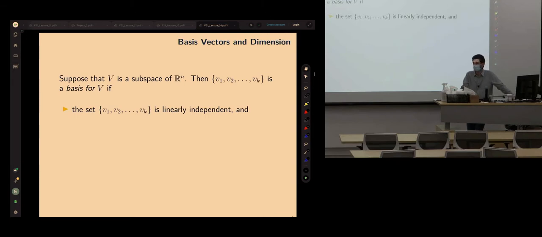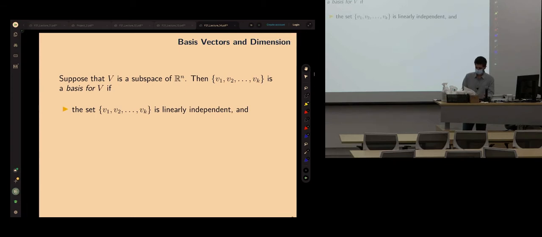You probably know by now that a subspace is closed under linear combinations of any elements inside that subspace, and it contains the origin, 0. That's the definition of a subspace. So V is a subspace of Rn.